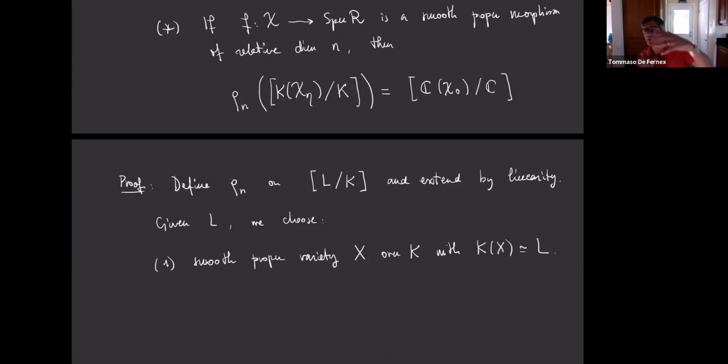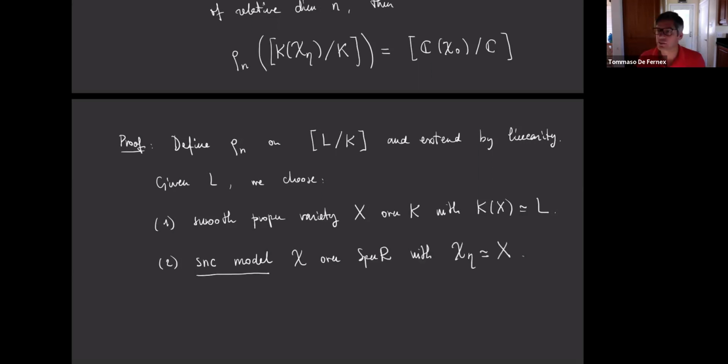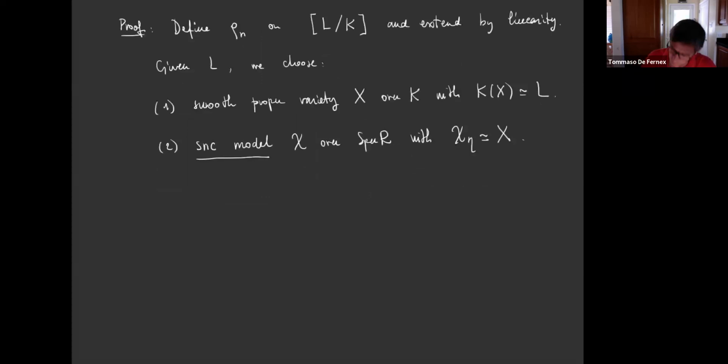Okay, so we make the problem geometric. And the second thing, I want to choose a simple normal crossing model. And I'm going to say what I mean by that. C over Spec R with generic fiber isomorphic to this variety X. Okay, so let me draw a picture.